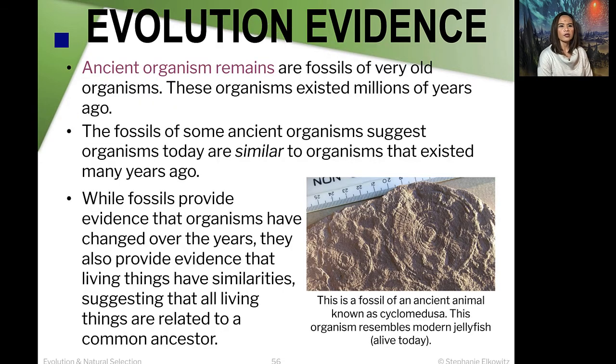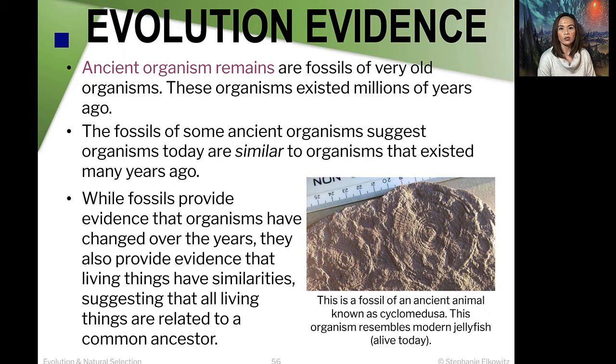Now, ancient organism remains are fossils of very, very old organisms, and these organisms existed millions of years ago. These fossils of some ancient organisms suggest that there might be some similarities that existed many, many years ago.